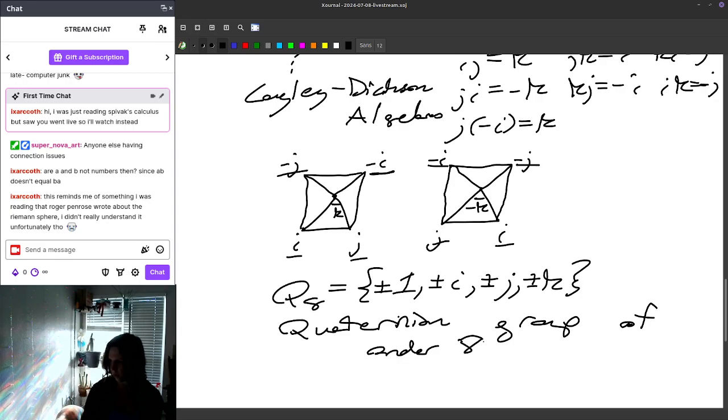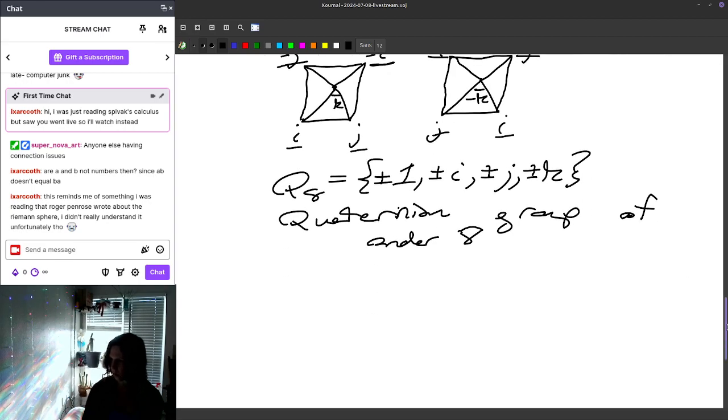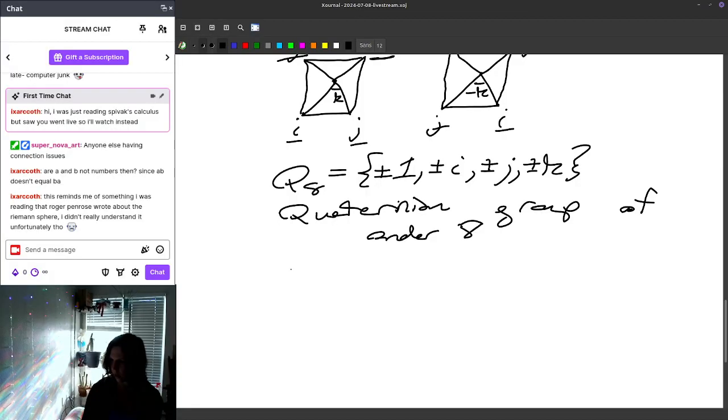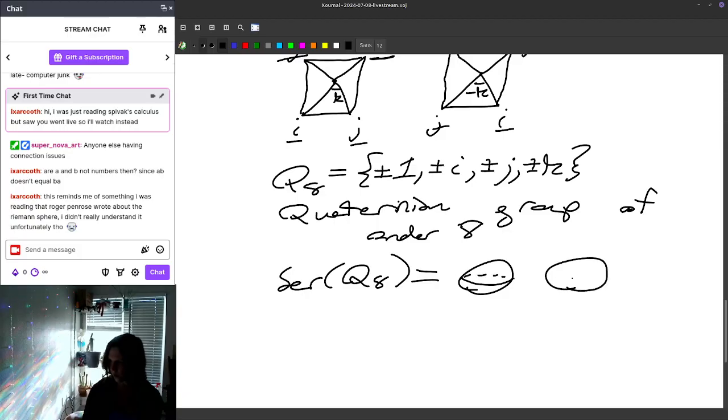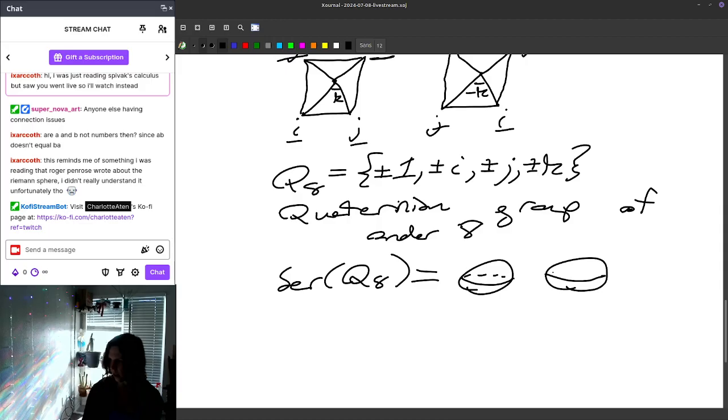And so if you do this construction to this group and form what we call the serenation of this group, then what you'll get will be the disjoint union of actually 3 spheres. Each one of these is like the octahedron that we looked at before, but there are 3 of them, as it turns out.